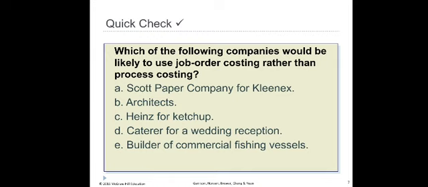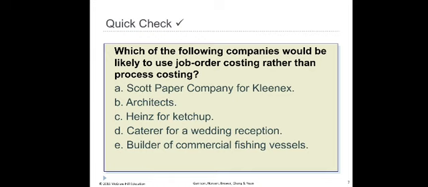Each plan is unique according to the client. So this kind of business should use job order costing system. Ketchup, clearly this one will use process costing system. The caterer for a wedding reception, what do you think?